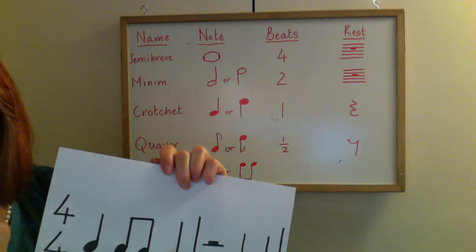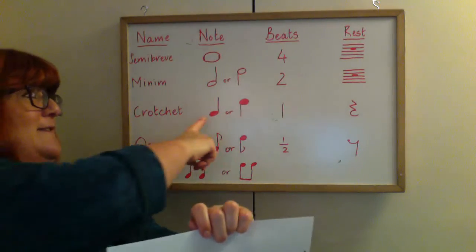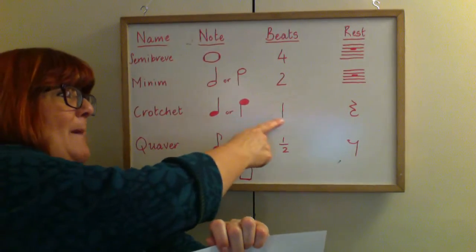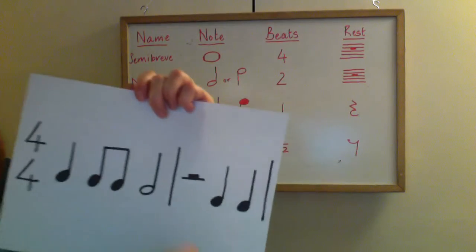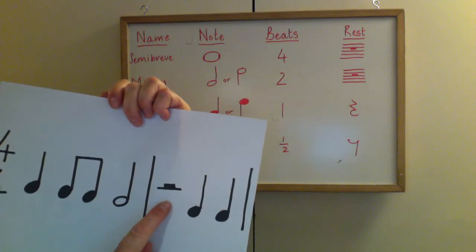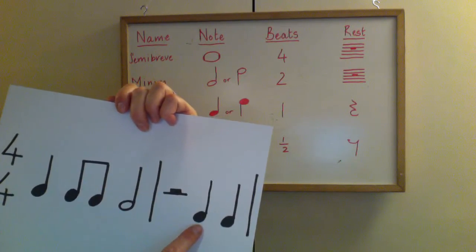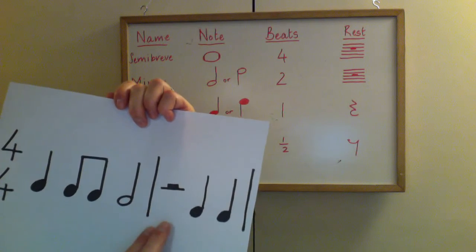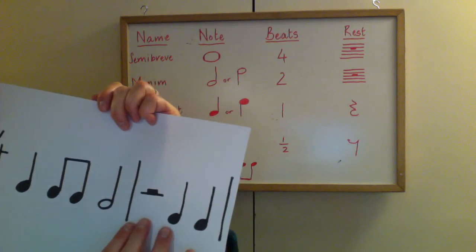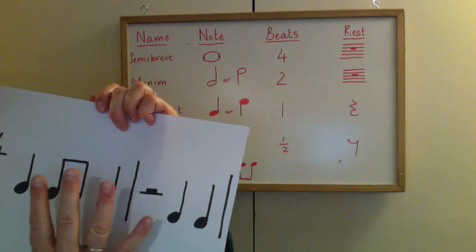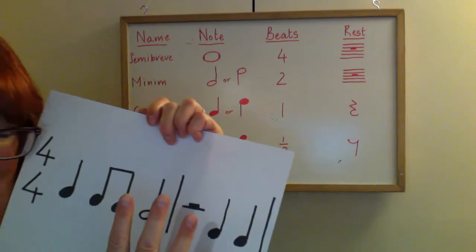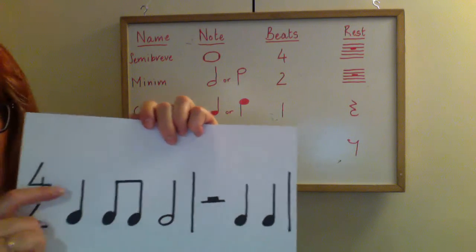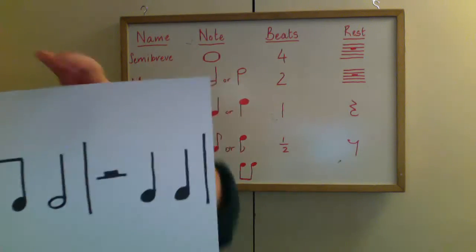I've moved my hand down so you can see. That's right, look, 1 beat. So we've got 2 beats here, 1 here, and 1 here. So 2 plus 1 plus 1 equals 4 beats. Well done. So let's see if we can sing this one.